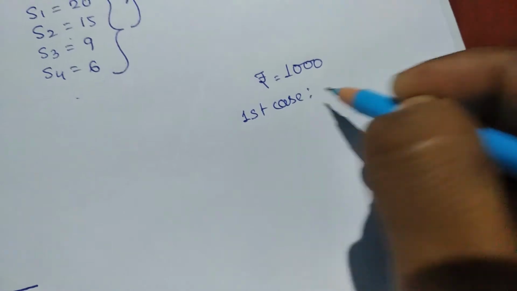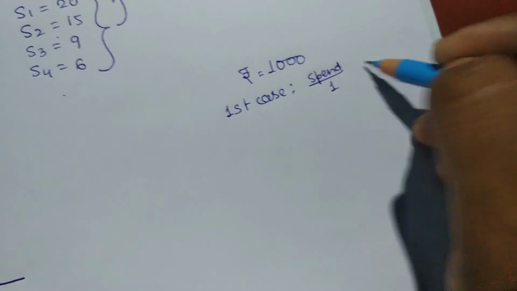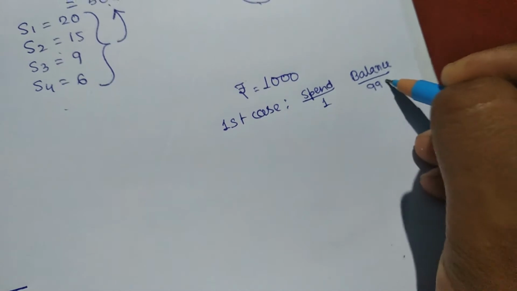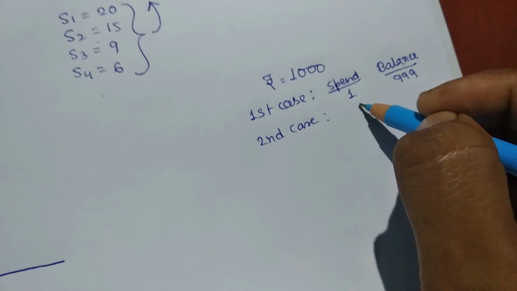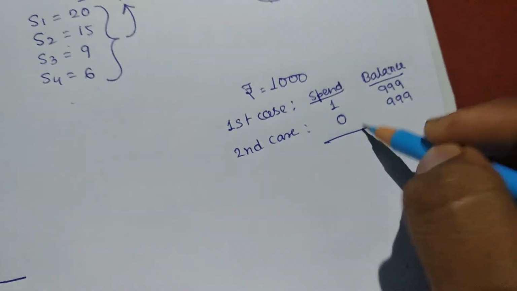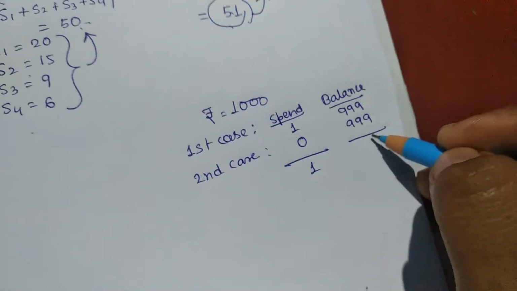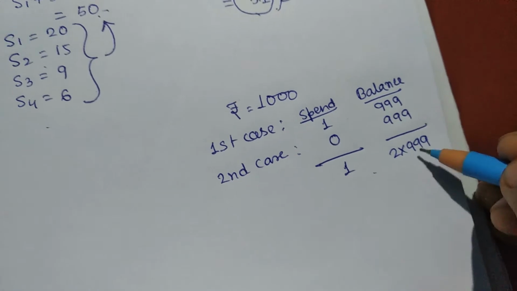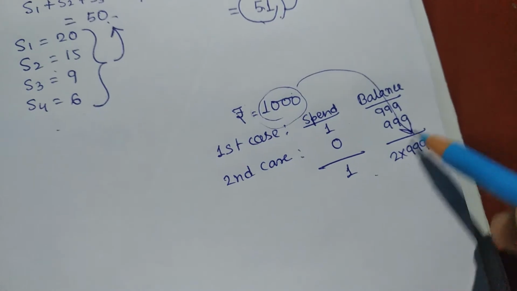For the first case, I spent only 1. Then what is the balance? Of course, the balance is 999. For the second case, I spent 0. So what is the balance? Of course, 999. So the spent value is only 1, and the balance is just 2 into 999.